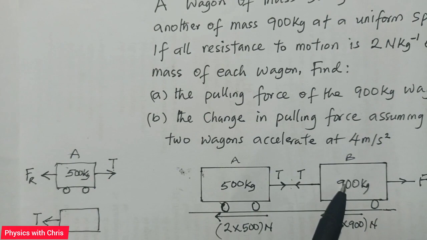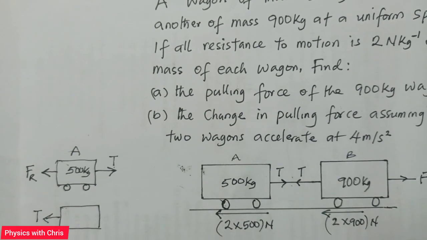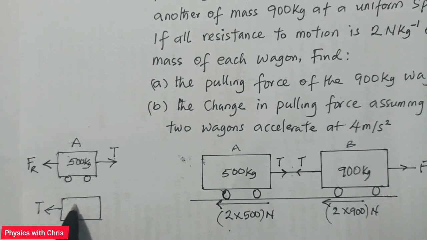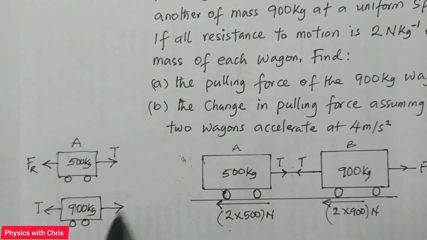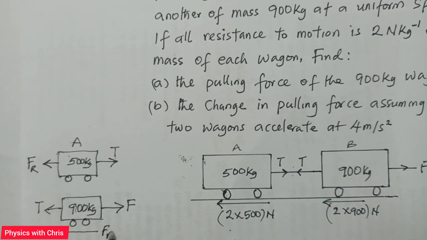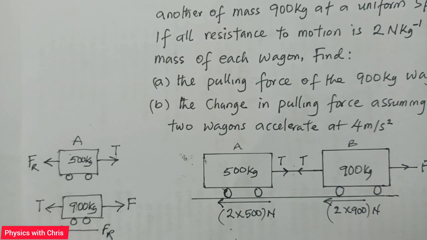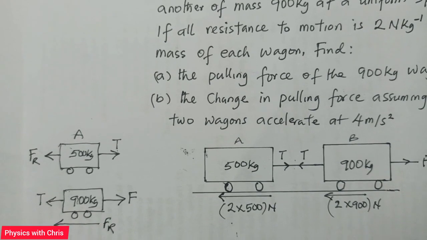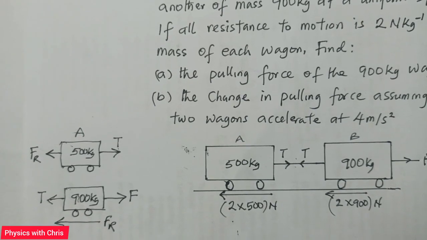So wagon B pulls A with force T, A pulls B with the same force T to obey Newton's third law of motion. So this is my 900 kilogram wagon. Okay, so this becomes my force F. Now I still need to note that frictional force also acts. Let's call that Fr, opposing the motion of the 900 kilogram wagon.